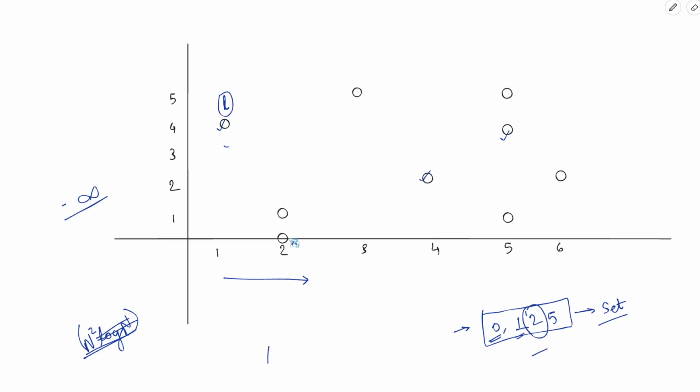So let's try out the next R. Before trying out the next R, we will update the maximum value of y we have seen so far, that is 1, right? Because this is a valid point, and for this the y value is 1. Now for this R, you will check the maximum value of y you have seen so far. You have seen 1.